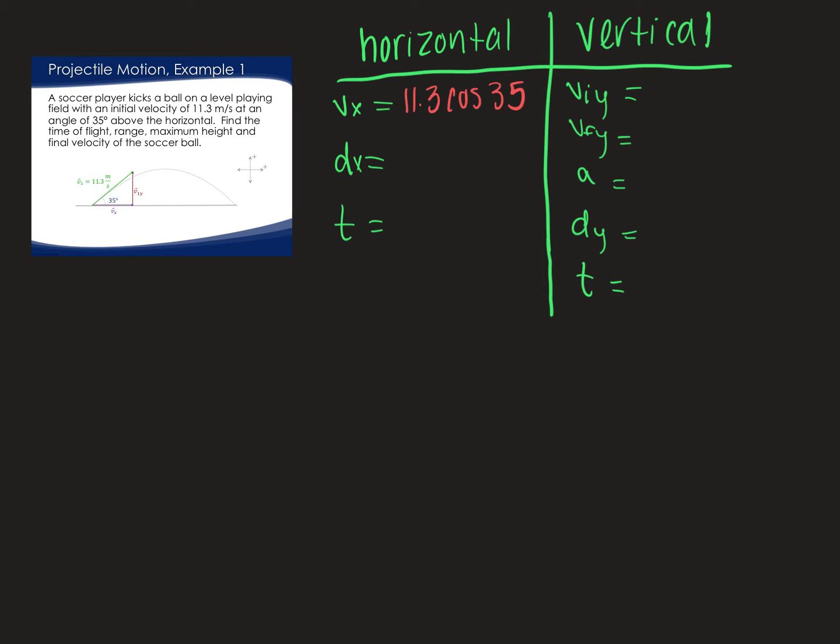And then to find ViY, it's 11.3 times sine of 35. Also, make sure your calculator is in degrees. Right, so Vx would be 9.26 meters per second.